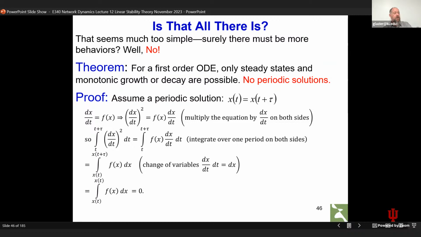And you could ask the question, why can't I get an oscillatory solution? I've said already that you can't get oscillations for a simple first-order ordinary differential equation. And there's actually a fun little theorem.